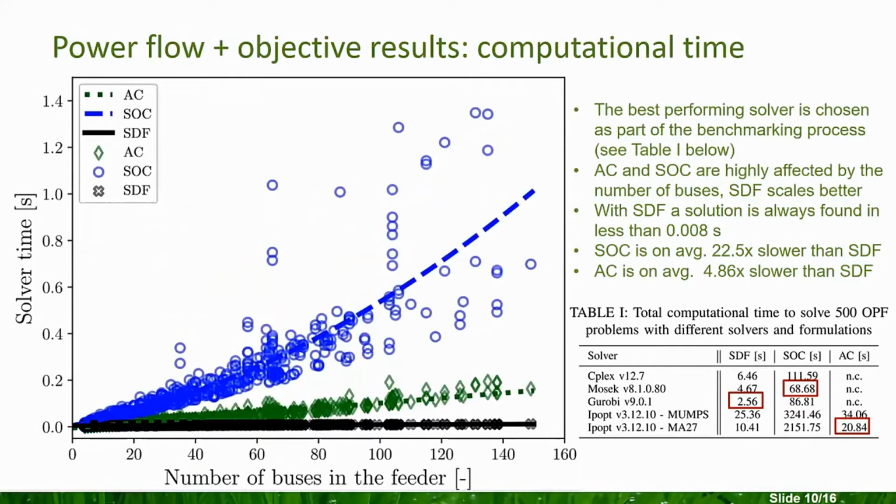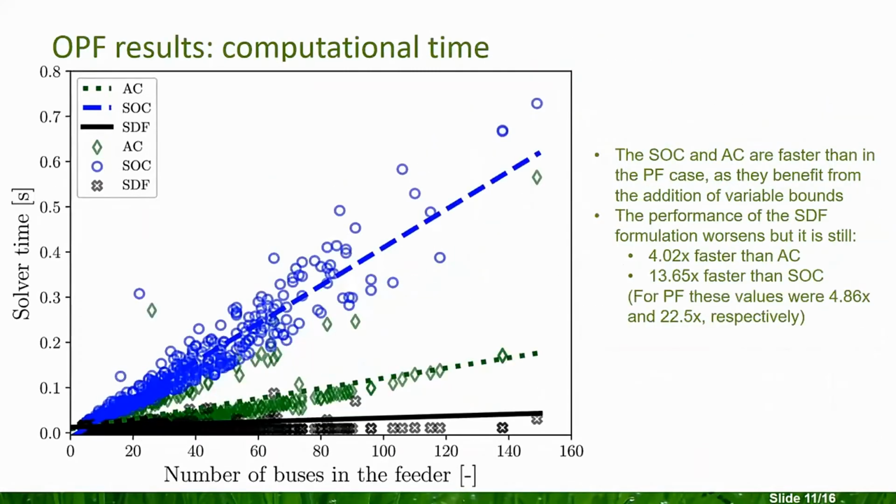As far as the computational effort is concerned, this plot shows the computational time for the best matched solver, which is Mosek for the second order cone, Gurobi for the linear problem, and IPOPT for the AC. And we can see that the second order cone and the AC formulations are affected by the number of buses in the feeders, while less so for the linear case, which scales much better and always solves in less than 8 milliseconds, making it on average 22 times faster than the second order cone and 5 times faster than the AC formulation.